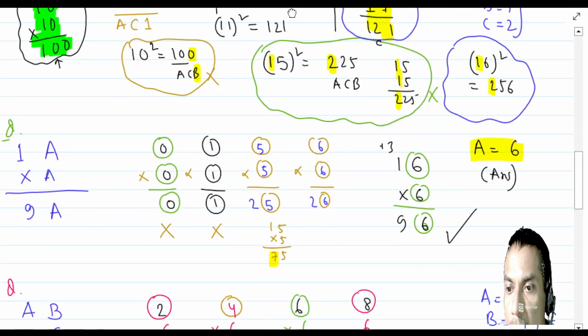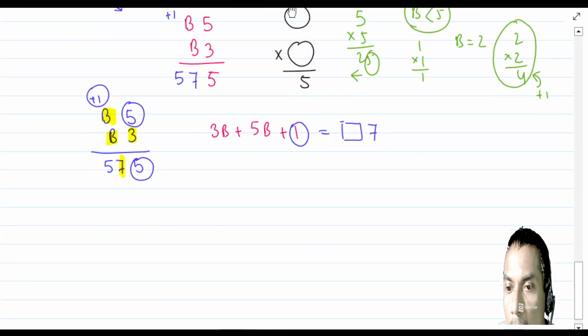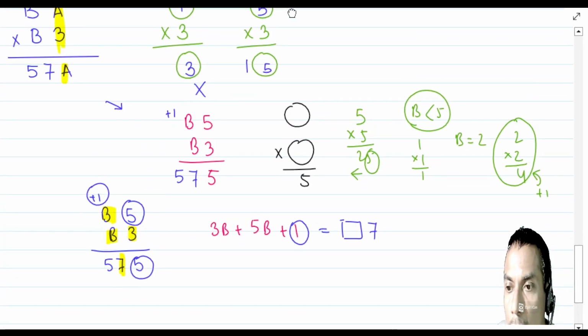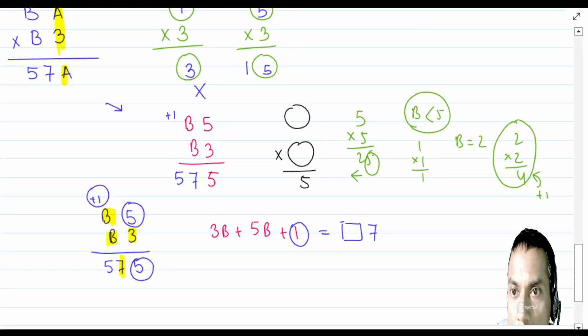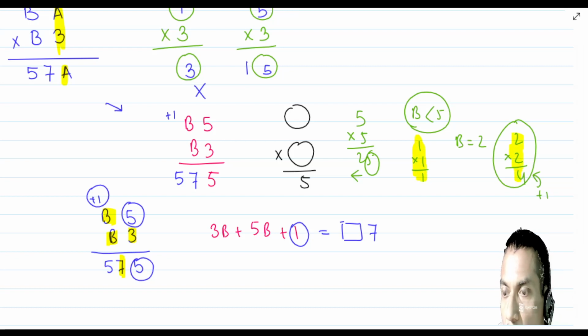Okay, now what have I chosen? I have chosen 2, right? For the left side calculation, either 1 or 2. 1 is not possible because we would have to add another 4 to get the value 5. But if I consider 2 as the value of B, we have to add 1.